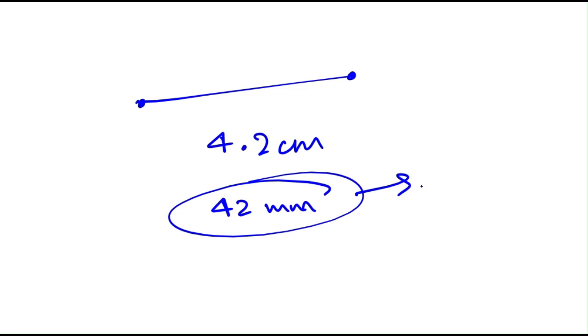If we are not changing the precision of our measurement, we should have the same significant figures. That's why merely changing the units is not going to affect the number of significant figures.